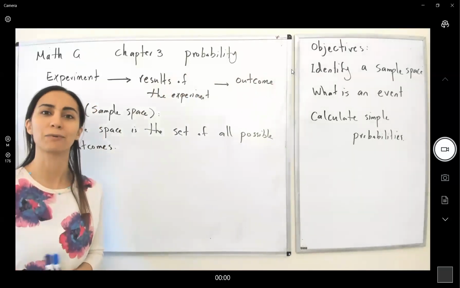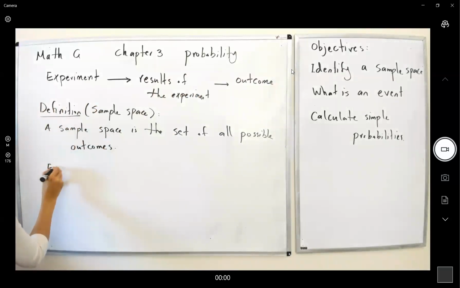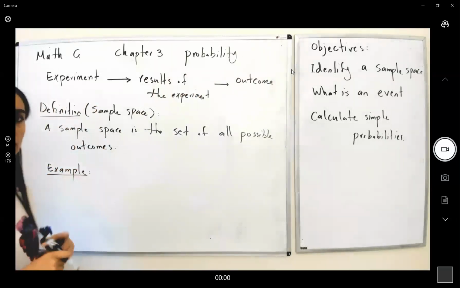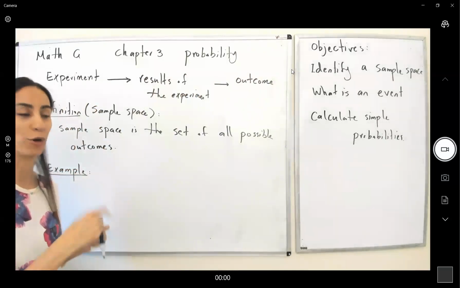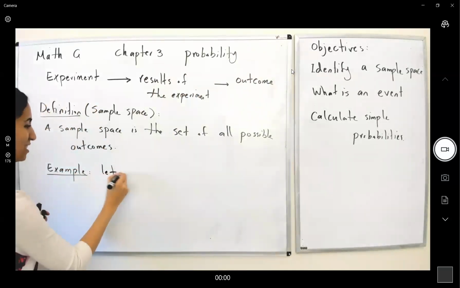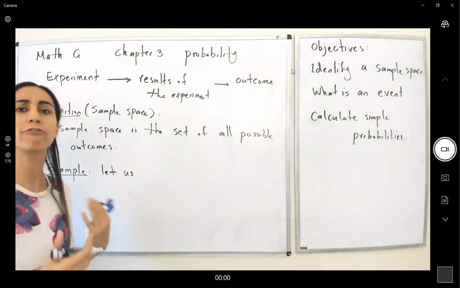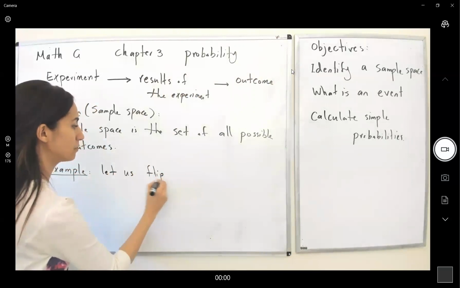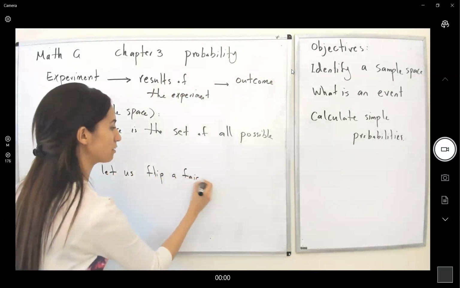Let's give one example. In this example, suppose you have a coin and we start flipping the coin. Let us flip a fair coin.